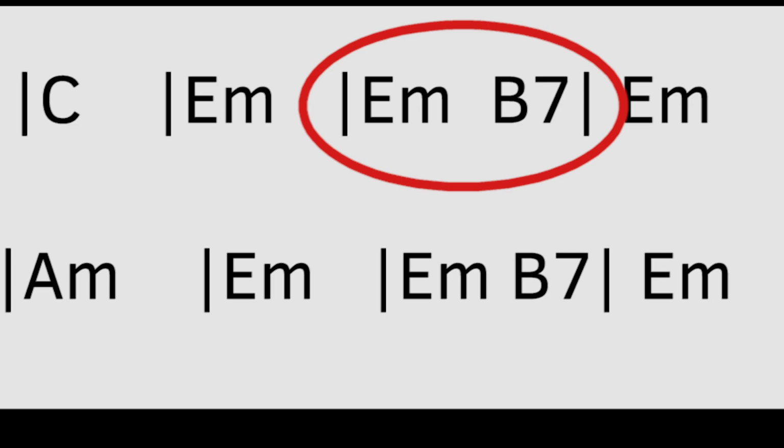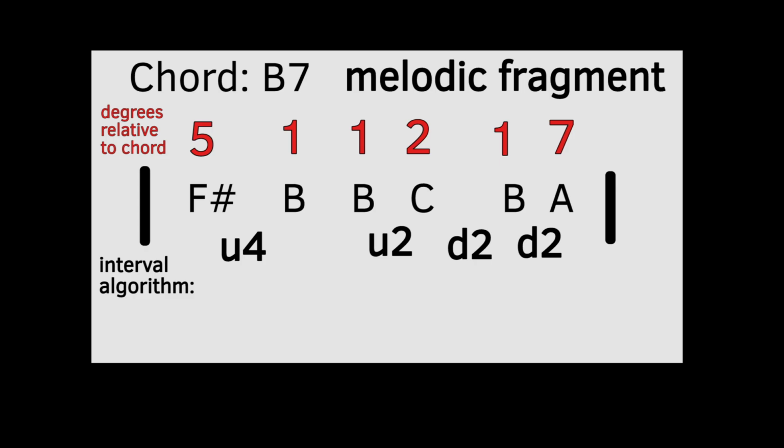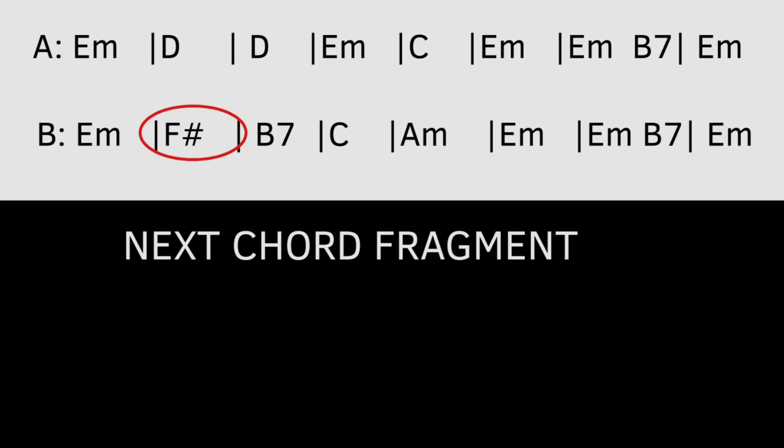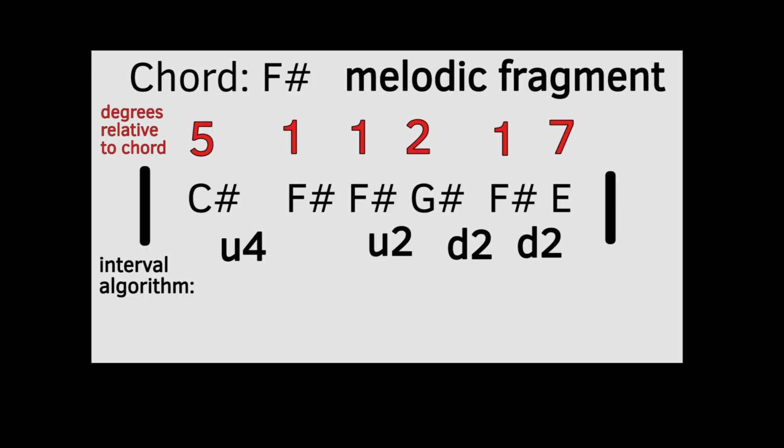Let's just call that whole bar a B7 for fun. Then the F sharp, we start on the C sharp, the fifth.